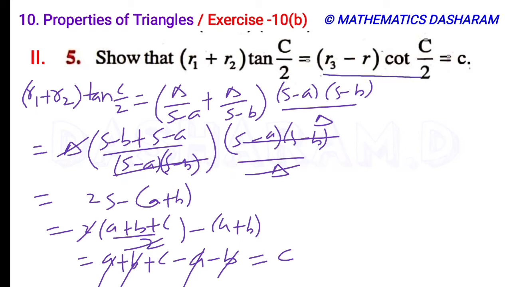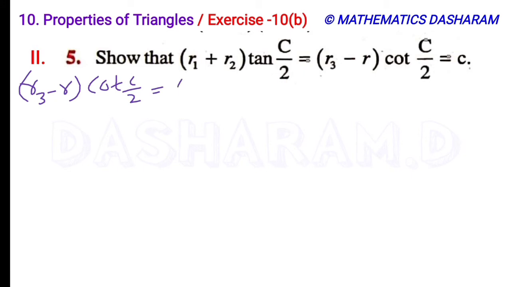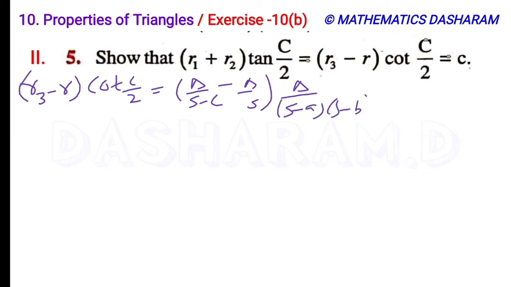Now R3 minus R into cot C by 2. The R3 formula is delta divided by (s minus c), minus the R formula, delta divided by s. Next, the cot C by 2 formula is delta divided by (s minus a) into (s minus b). So now the LCM is (s minus c) into s, and we can take delta common.